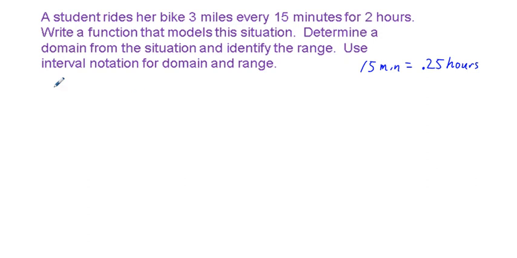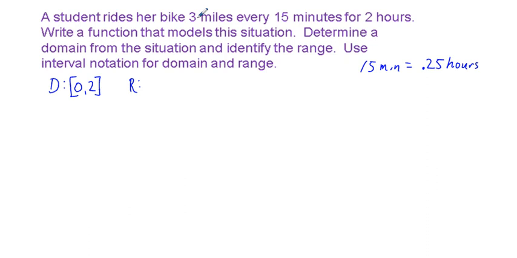So our domain is going to be, we'll write that first. We started writing, so we're going to go in hours. We're going to go 0 to 2. That's our domain, right? And then our range, I guess I'm doing the easiest part first. We're going 3 miles every 15 minutes.